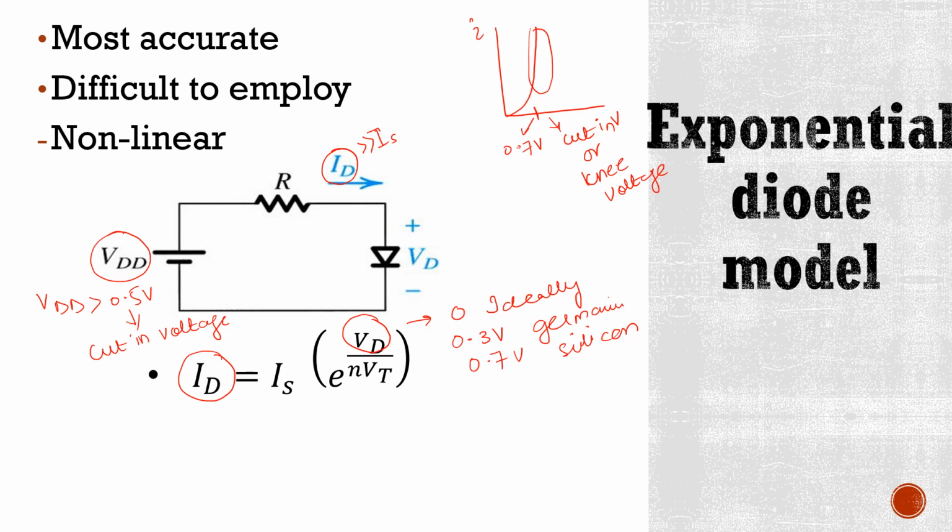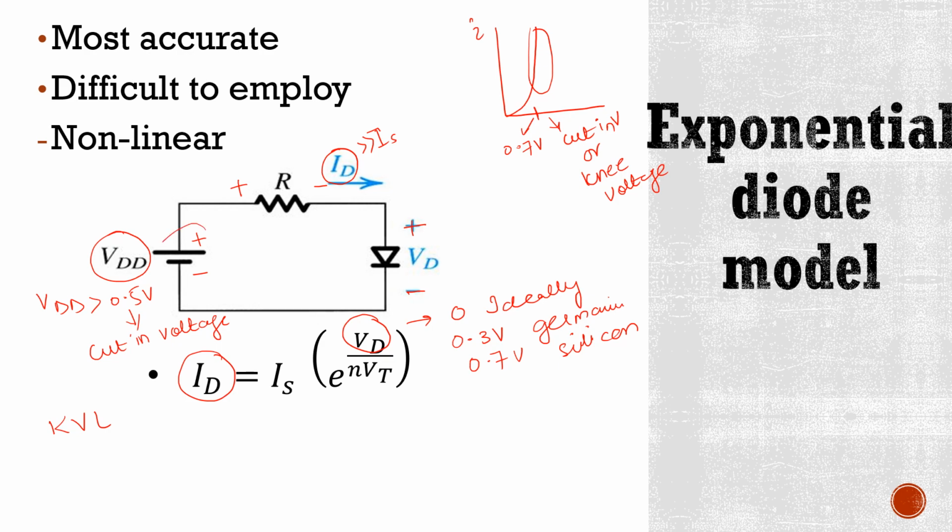Now, the other equation that governs circuit operation can be obtained by using Kirchhoff voltage law. We know that this is positive terminal of the battery, this is negative terminal. So this terminal of R is positive, this is negative, and this terminal of diode is positive and this is negative. Now, how we are going to make KVL equation?